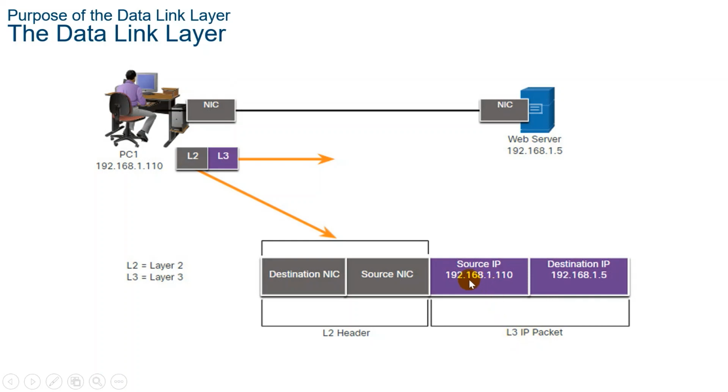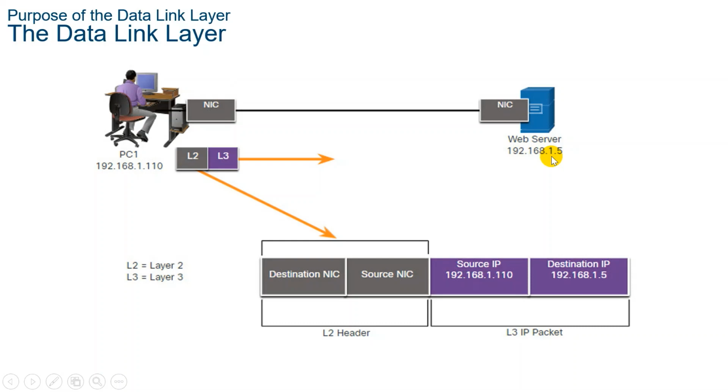The layer 3 header has the source IP and the destination IP. The source IP is basically the IP address of PC1, which is 192.168.1.110, and the destination IP is 192.168.1.5, that of the web server.